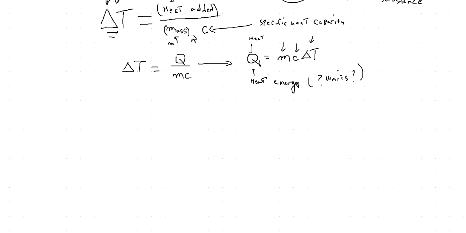We're going to define something called a calorie, with a little c. You'll see what I mean in a second. This is a unit of heat energy. Really, it's a unit of any type of energy, but we use it for heat all the time.